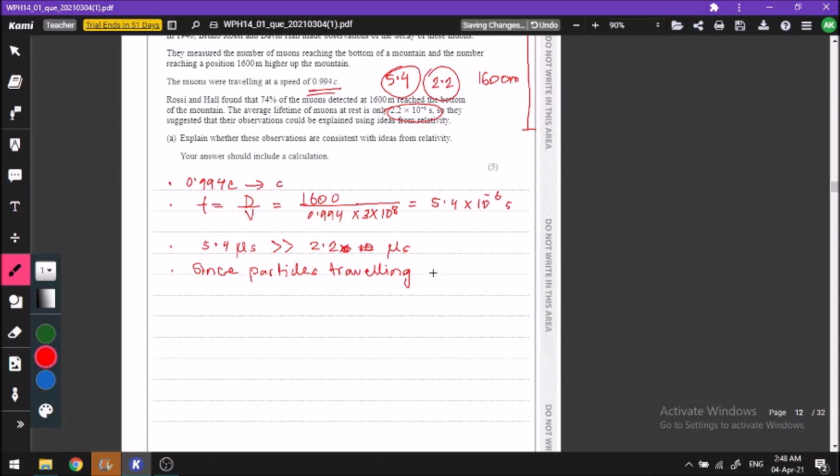Since the particles are traveling close to the speed of light, if we write the full form, the time is dilated with respect to someone at rest.